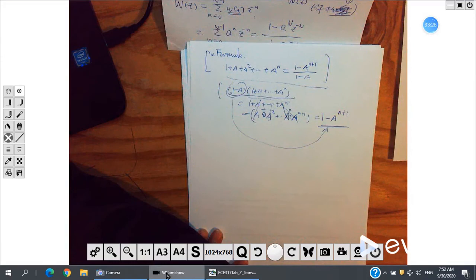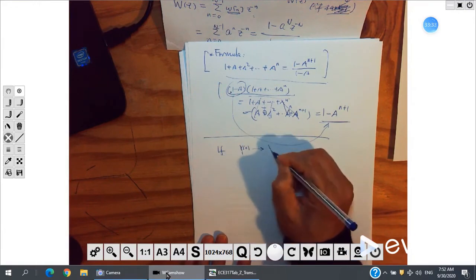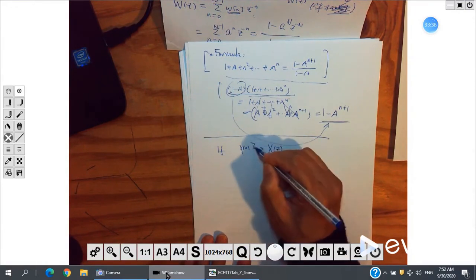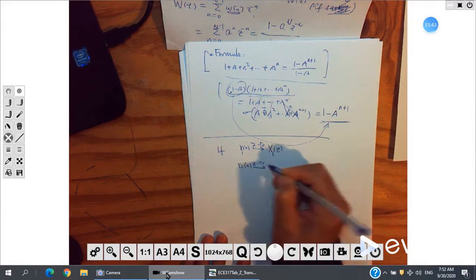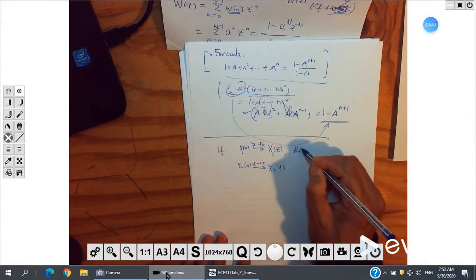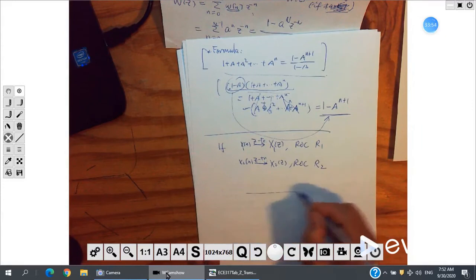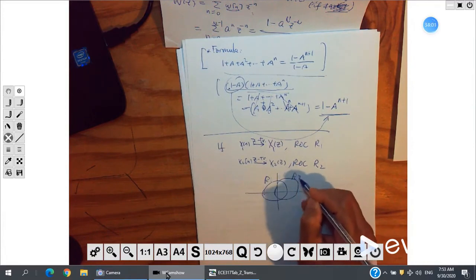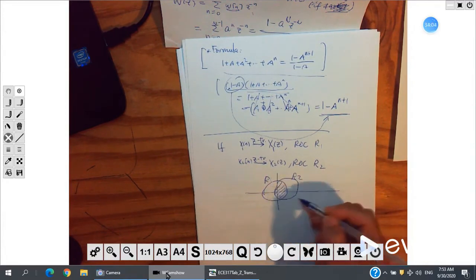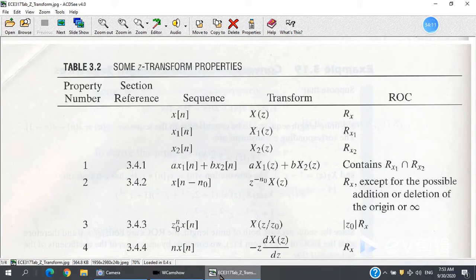If x1 of n goes to capital X1 of z by the Z transform with ROC R1, and x2 of n goes to X2 of z with ROC R2, then for example, this is R1, this is R2, and the intersection will be this part, R1 intersection with R2.